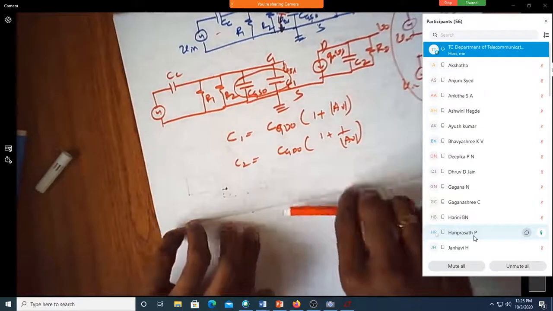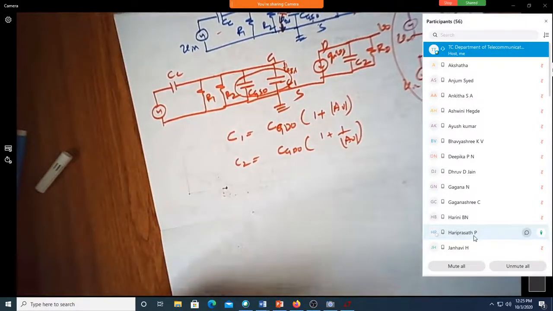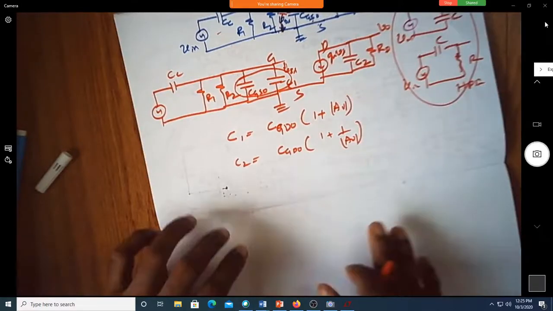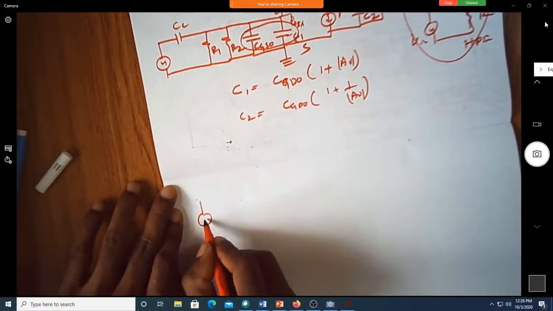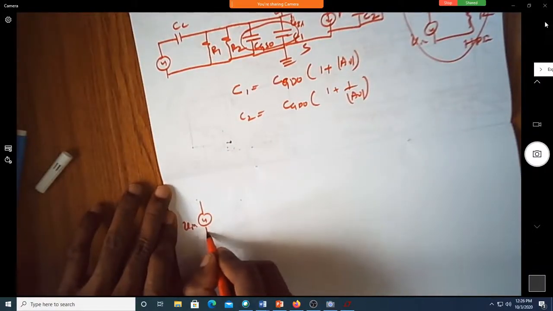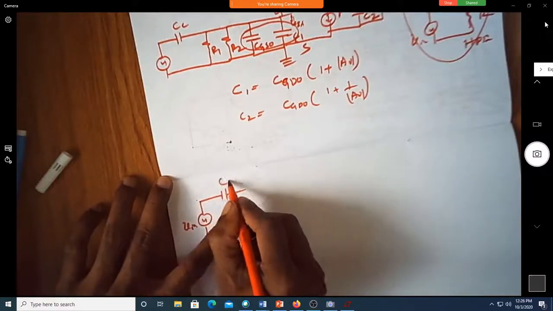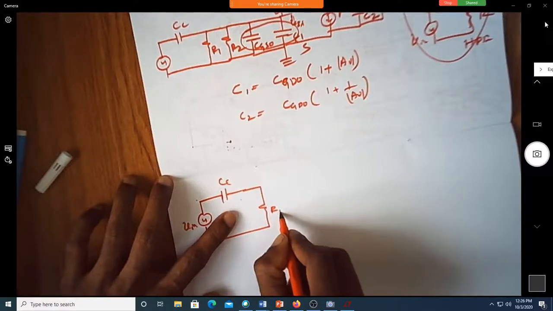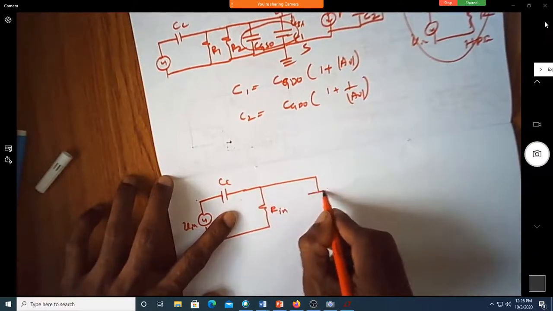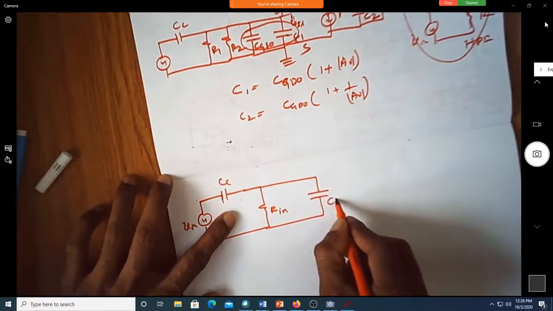So now what I try to do is rewrite this circuit. I will retain this input as it is. I will write this CC, then R in, and this as C in.